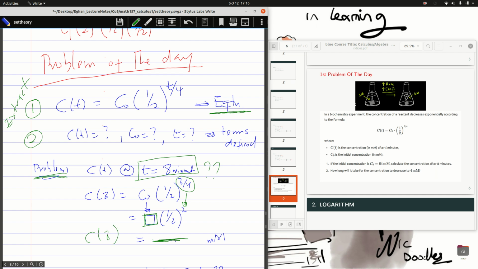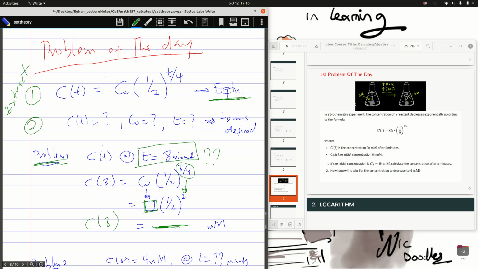Don't forget, it says it decreases exponentially. This is to tell you that if C8 is greater than your C0, there's a problem. This is how you must think, and not just punching a calculator and getting a value. You must analyze the problem.